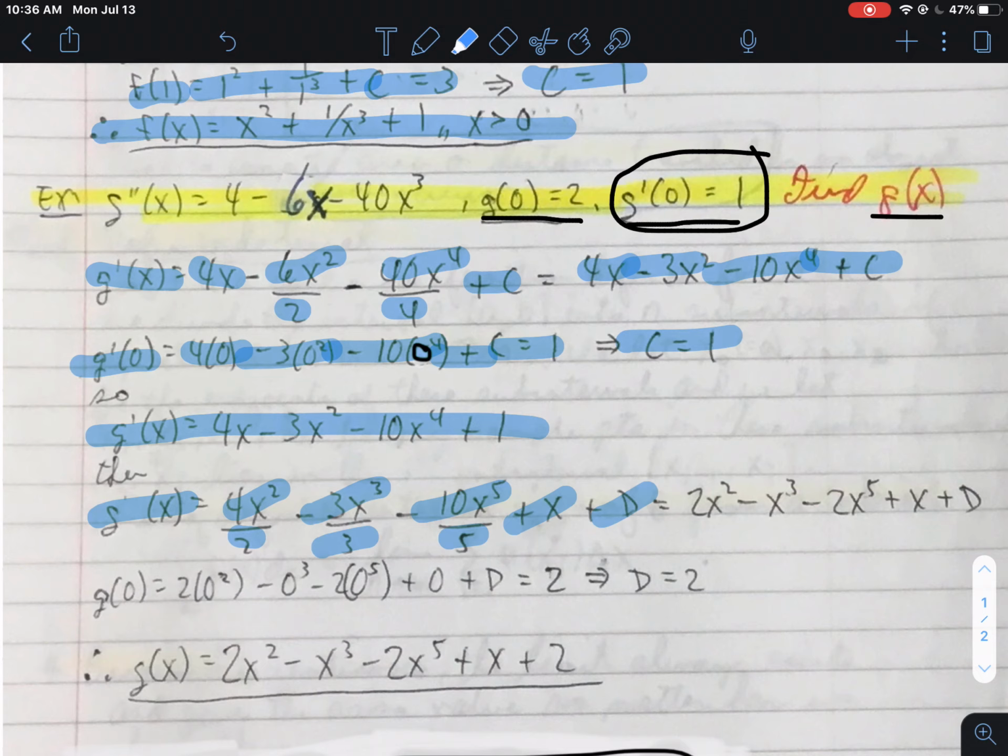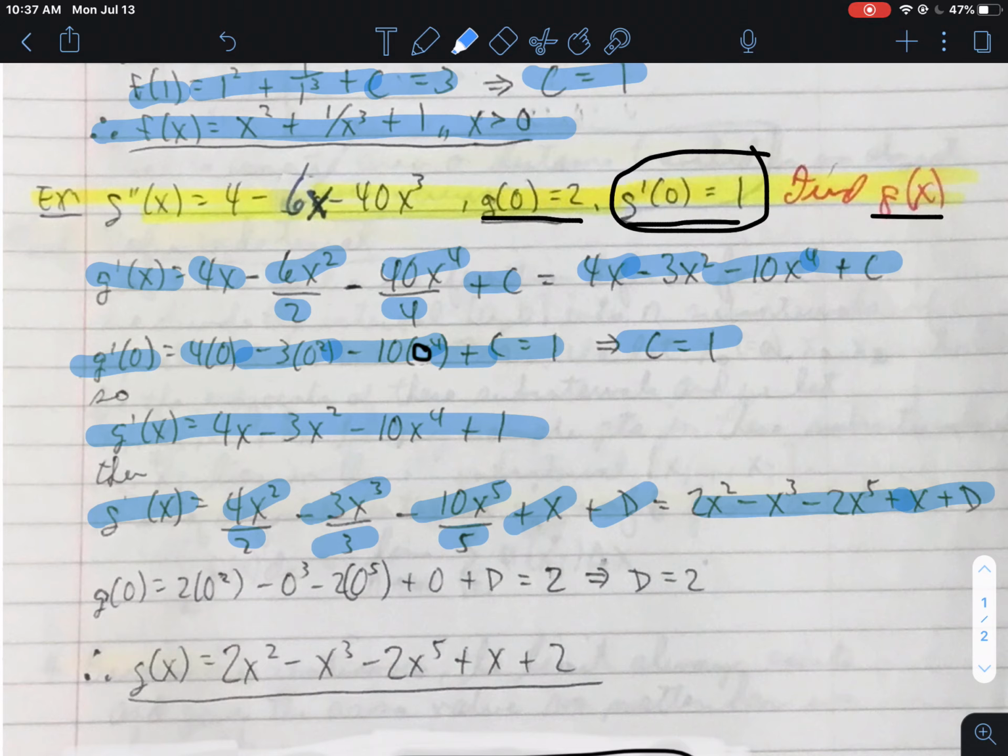Now you can call that c again if you want, because there's only one arbitrary constant there. I just went ahead and used d. Or again, you could use c sub 1, c sub 2, and so forth. So again, I just simplified it. I've got 2x squared minus x cubed minus 2x to the fifth plus x plus d as the general formula for our function g.